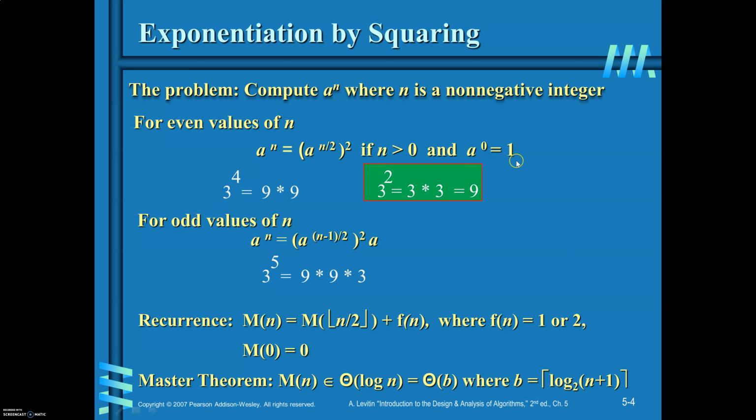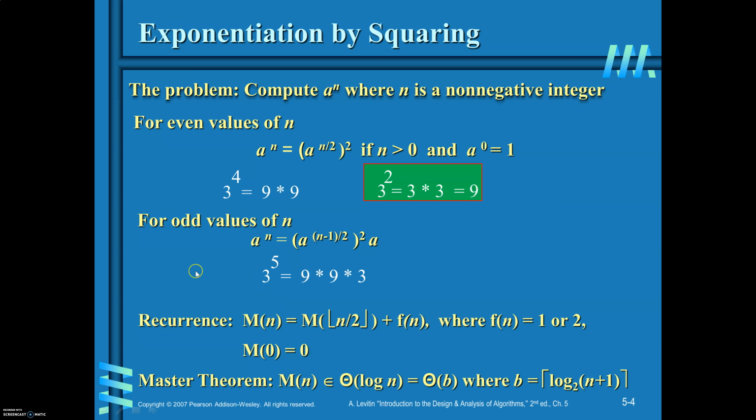The base condition here is a power 0 equal to 1. When n is an odd number, this is how you are going to write it. Basically, if you already know a power n by 2, then you are finding the square of this. That means multiply a power n by 2 into a power n by 2.